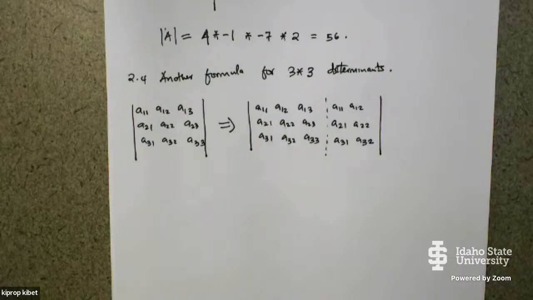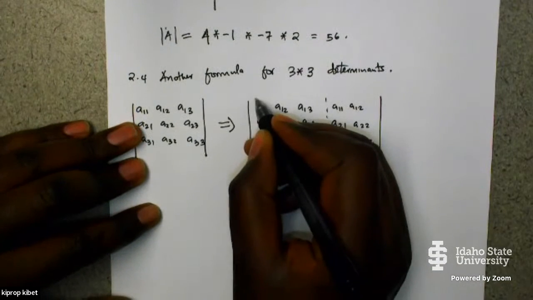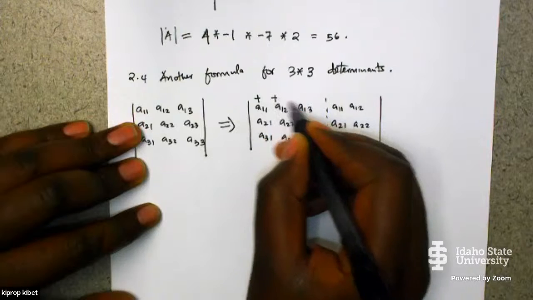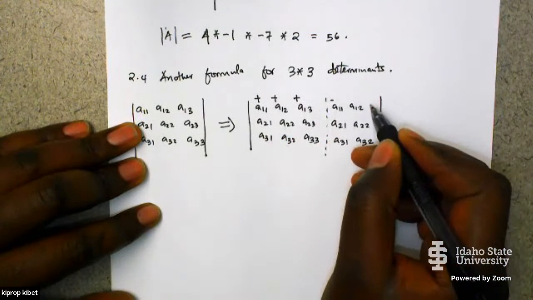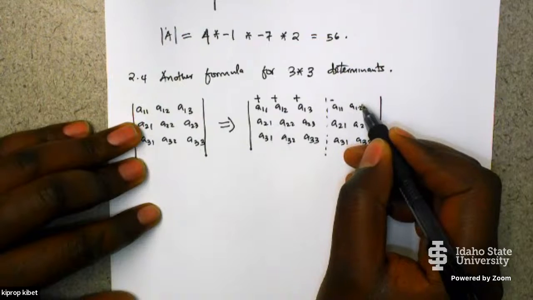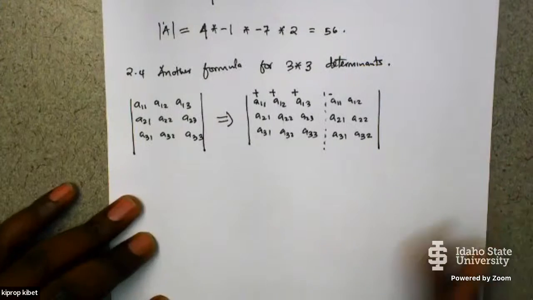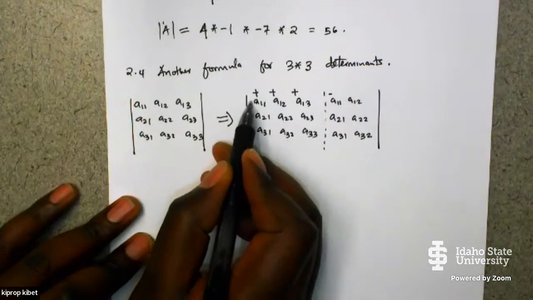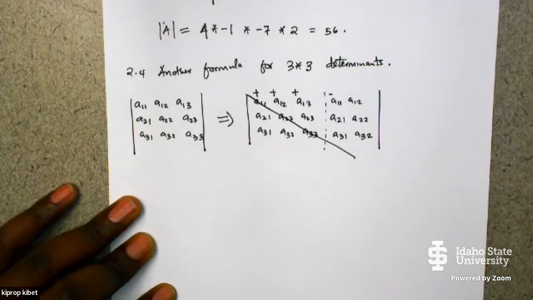Then after adding that, we have positive, positive, positive, and then negative, negative, negative. So what you do here is, you see this line here, okay?